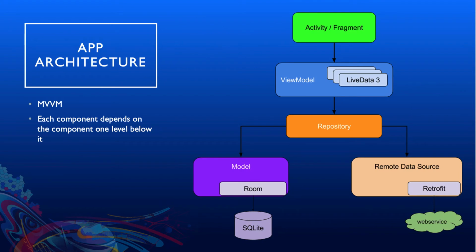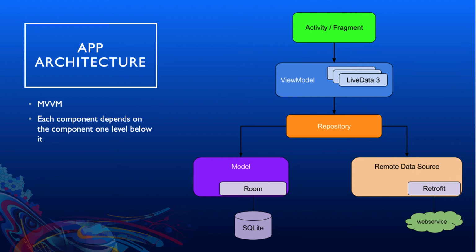Let's look at this diagram, which shows how all the modules should interact with one another after designing the app with MVVM. In MVVM, the view model exposes streams of events to which the views can bind. This is done in Android via live data. Live data is an observable data holder class.